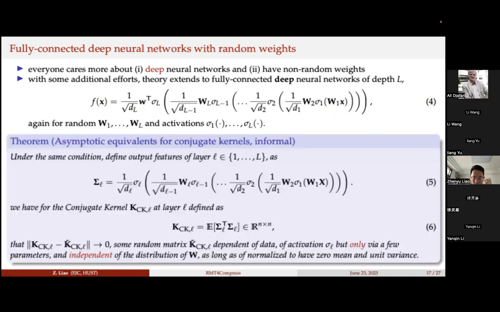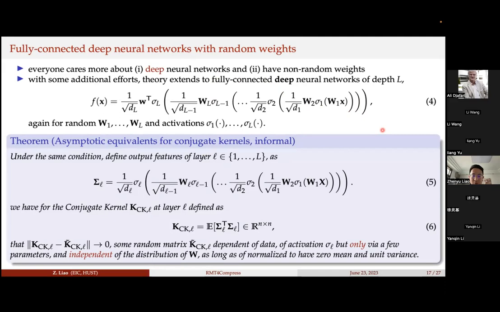And for this deep neural net, by the way, it's a fully connected neural network model. For this specific model, we basically get the same conclusion, okay?